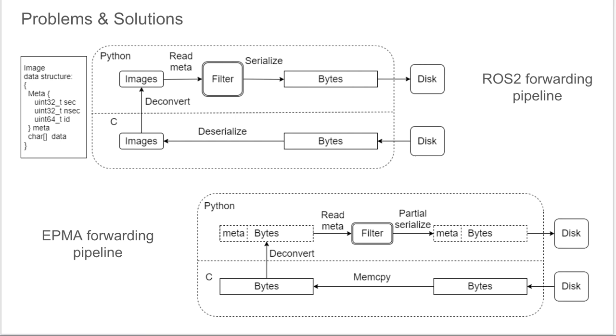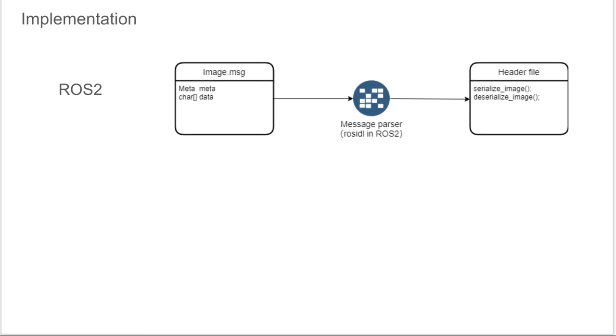In order to implement such functions, we modify the ROS2 message parser, because the message parser provides the message access functions. The input of the parser is the message definition, which is provided by the programmer. This message describes the message structures, and the message parser, after parsing, generates a header file, including the serialize message and the deserialize message functions.